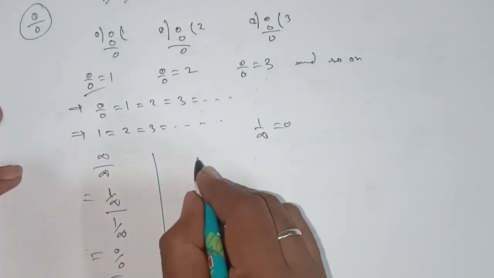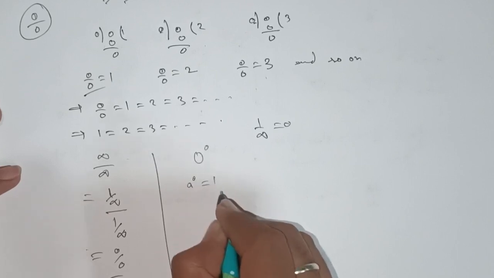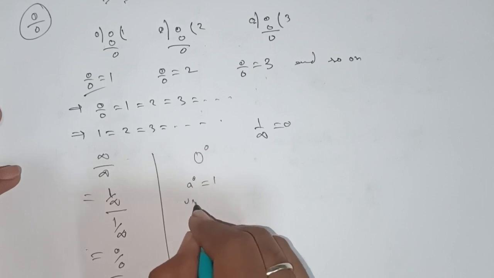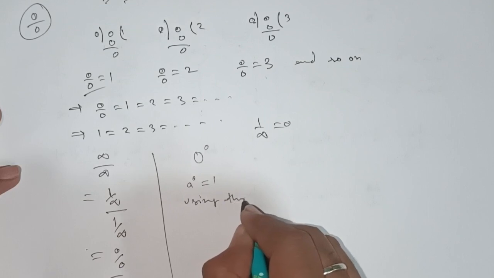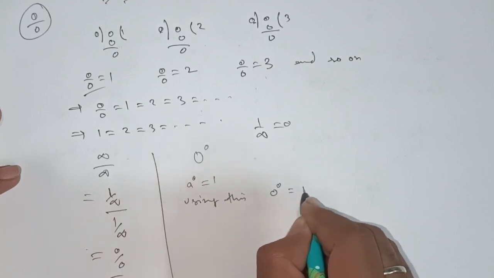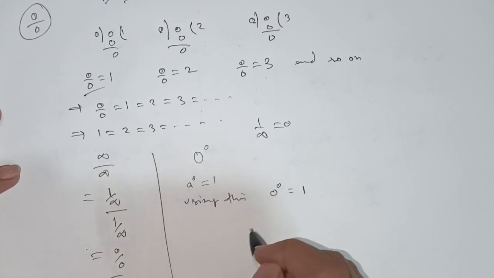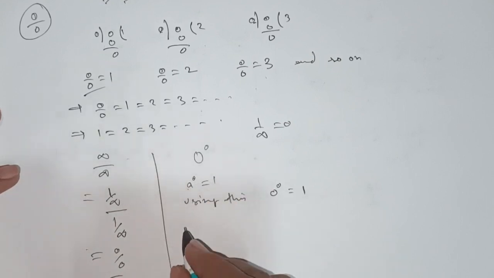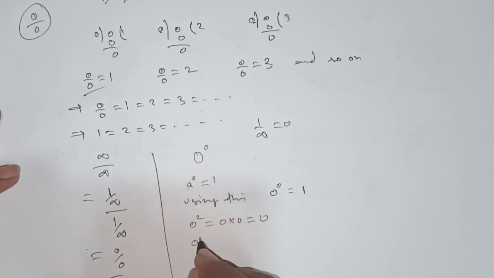Similarly, let's go for the other one, 0 to the power 0. We know that a to the power 0 equals 1. Using this fact, I substitute a by 0 and I can write 0 to the power 0 equals 1. And using the other power concept, 0 to the power 2 is 0 into 0 equals 0, 0 to the power 3 is 0 into 0 into 0 equals 0, and so on.